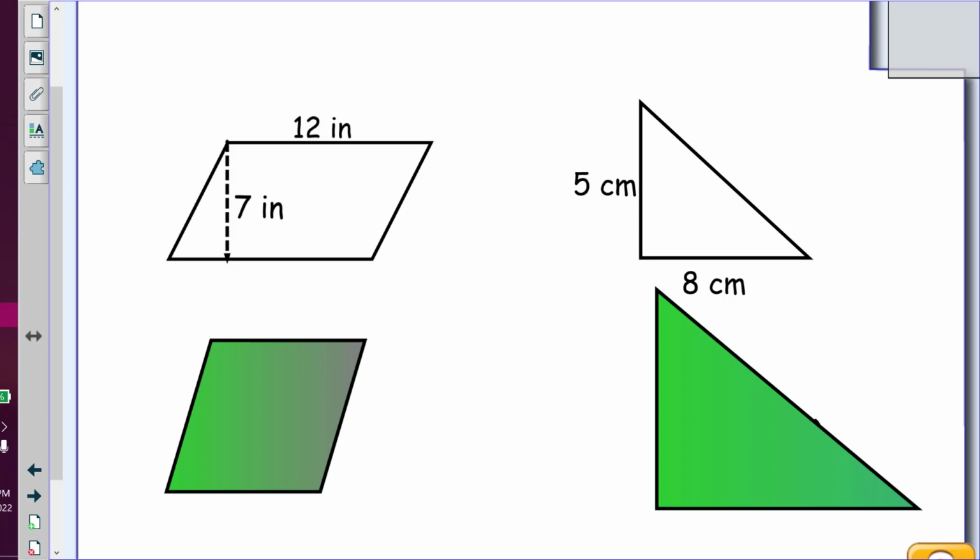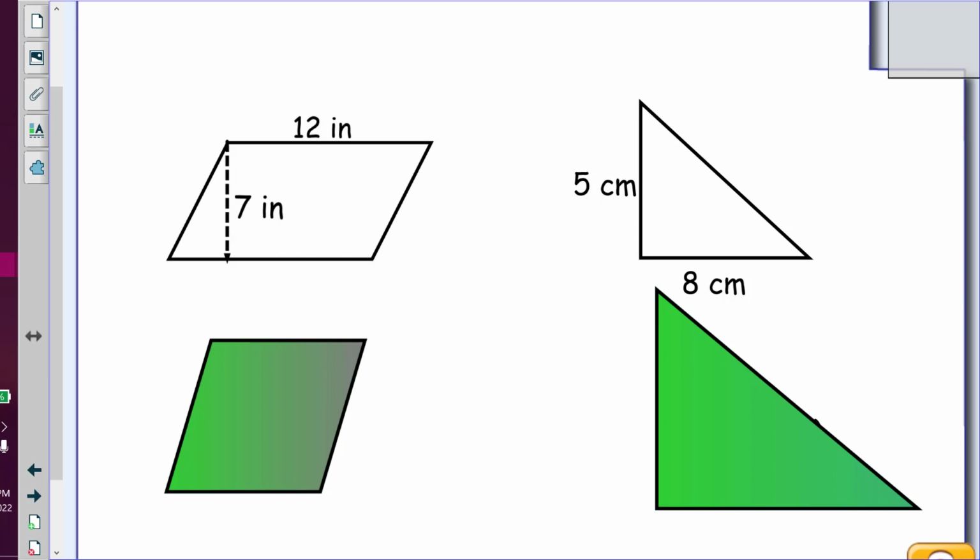Okay, two more examples. Now I actually gave you numbers and units, and I would like for you to see if you can figure out what the area is. Okay, for the first parallelogram, we know that the area is going to be the base times the height.